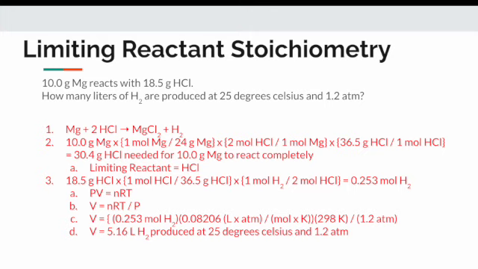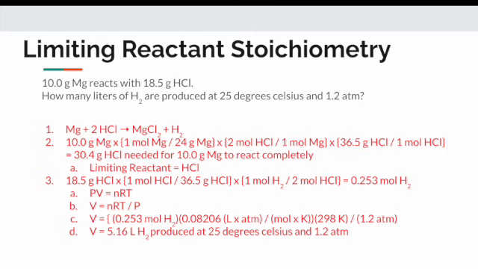So we multiply this by 1 mole of hydrochloric acid per 36.5 grams of hydrochloric acid, and that will yield whatever number of moles of hydrochloric acid. From there, we know that for every 2 moles of hydrochloric acid consumed, right here, there is 1 mole of hydrogen gas being produced. This is a 2:1 ratio, and so from there, you can multiply this by 1 mole of hydrogen divided by 2 moles of hydrochloric acid, and this will convert our moles of hydrochloric acid needed to moles of hydrogen being produced from this reaction.